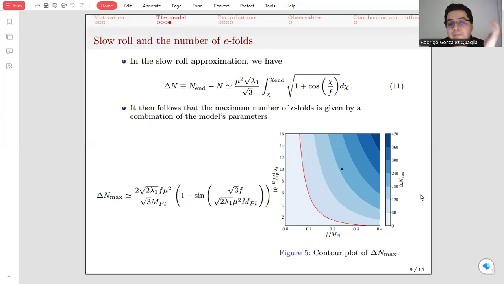And indeed, one can plot this combination, leaving f and lambda 1 to run freely, and we can immediately see that the requirement of having at least 60 e-folds of inflation, denoted here by the red line in this curve, is easily achieved for sub-Planckian values of both f and lambda 1, which is already solving one of the challenges of natural inflation.